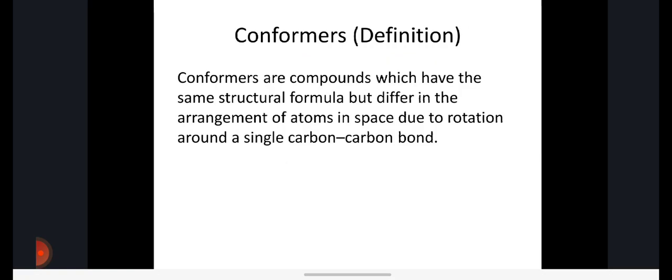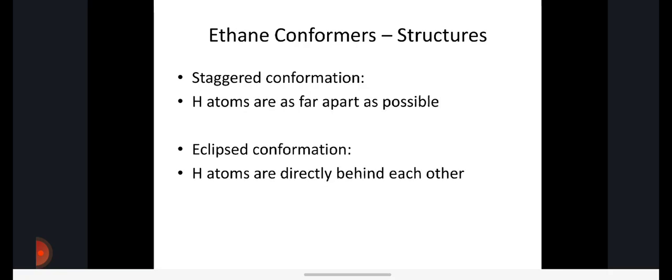What are conformers? Conformers are compounds which have the same structural formula, but they've got a different arrangement of atoms in space. And this comes in because of a twist in the carbon-to-carbon bond.